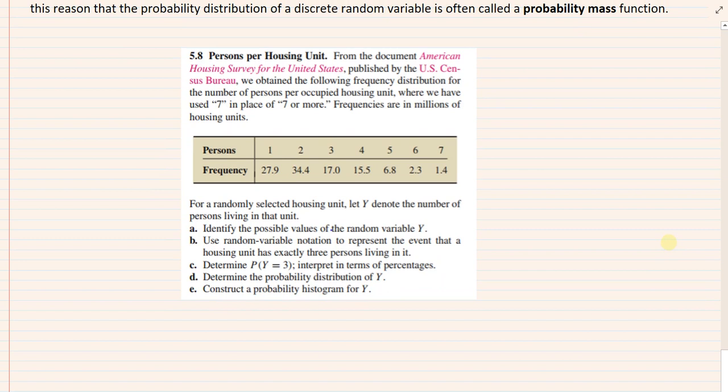It reads, from the document American Housing Survey for the United States, published by the U.S. Census Bureau, we obtain the following frequency distribution for the number of persons per occupied housing unit, where we have used 7 in place of 7 or more. Okay? And the frequencies are in millions of housing units.